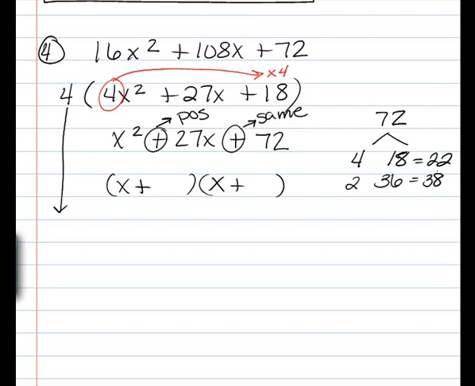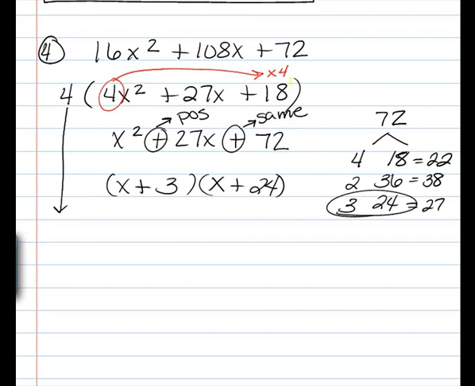And the only reason I went with 2 is because I knew 2 would divide into 72 because it's an even number, but that's too big. So that means that my number that I'm looking for is somewhere between 2 and 4. Well, the only thing between 2 and 4 is 3. So it's 3 and 24, and there's our 27 that we were looking for. Again, since they're both positive, it doesn't matter where we put them.